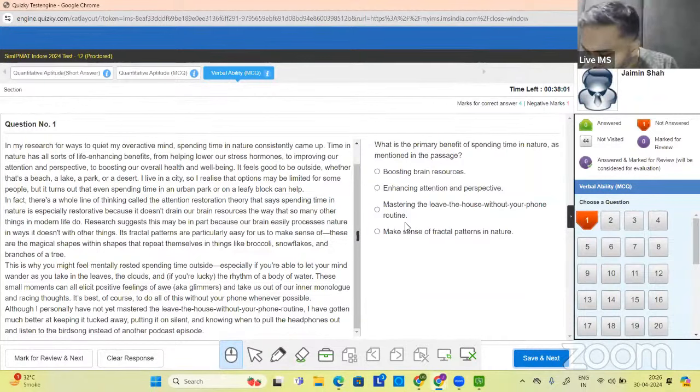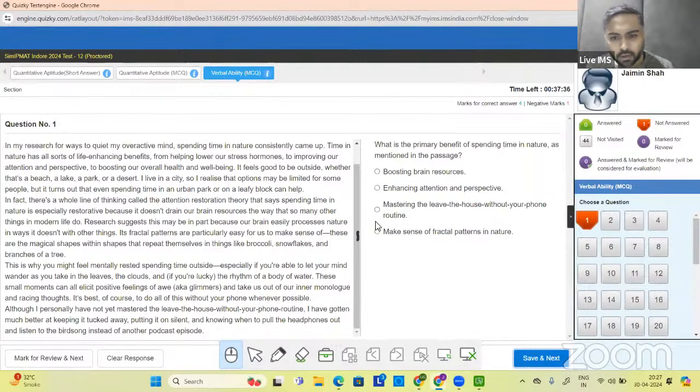Okay. So, what is the primary purpose of the passage? Boosting brain resources? No. First is weird, I believe. Enhancing attention and perspective. ठीक है.